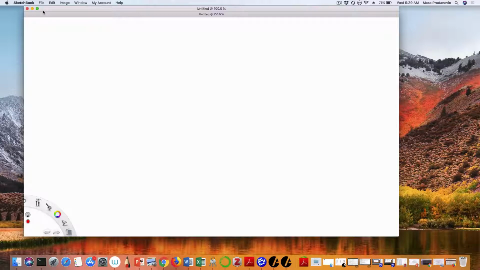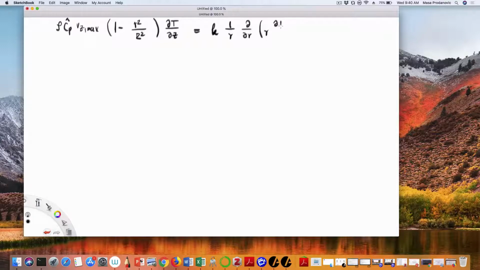So then what we're left with as a system is rho Cp Vz max times (1 minus r squared over R squared) dT dz is k times 1 over r d dr, and T is T1 at z equal to 0.